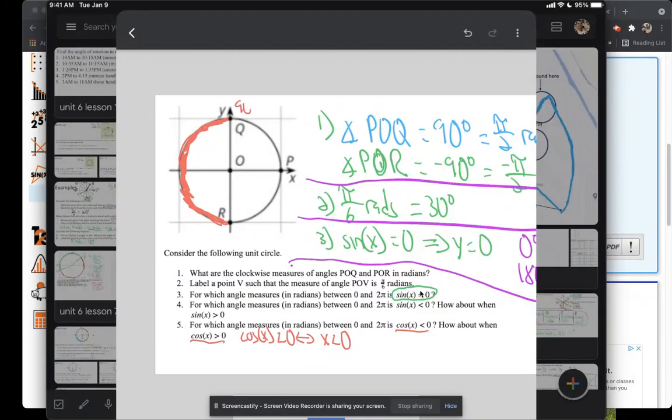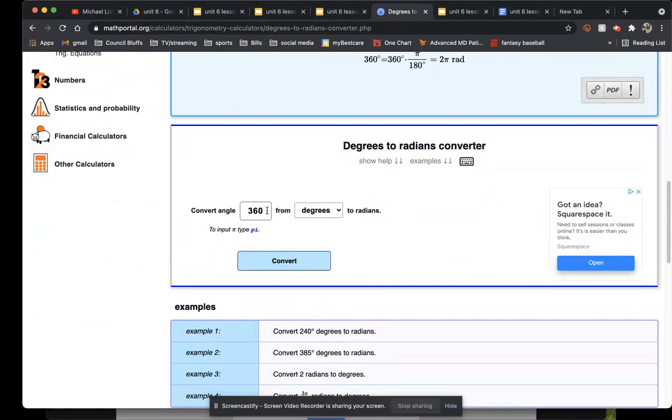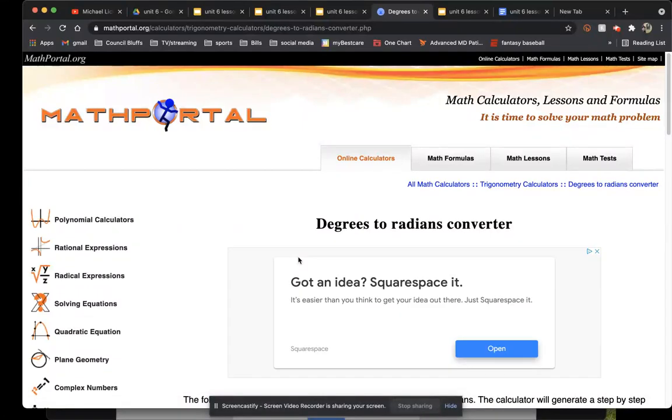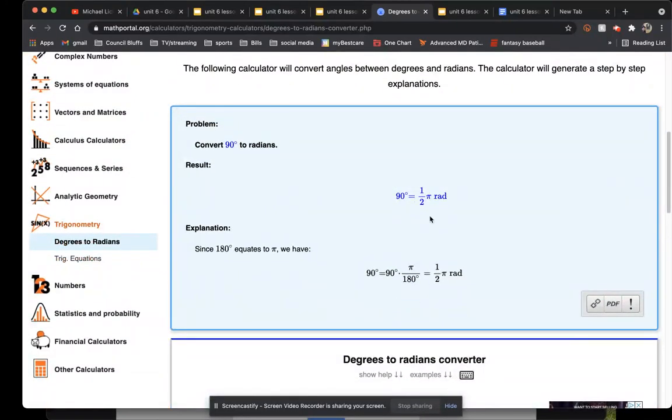So we know that this is 90 and this is 270. So it's going to be between 90 degrees and 270 degrees. So we just have to convert those to radians. So convert 90 degrees to radians. So again, that would be pi over 2.